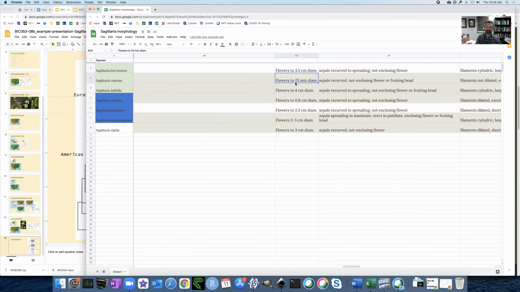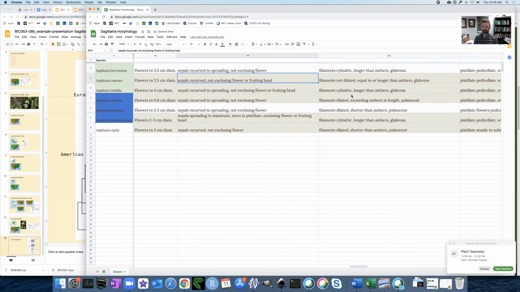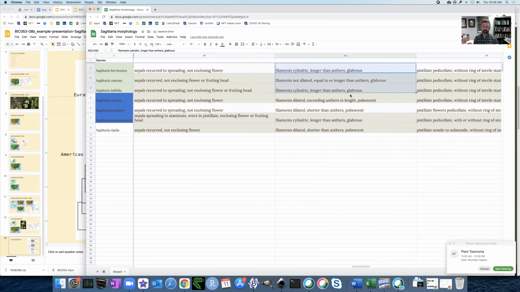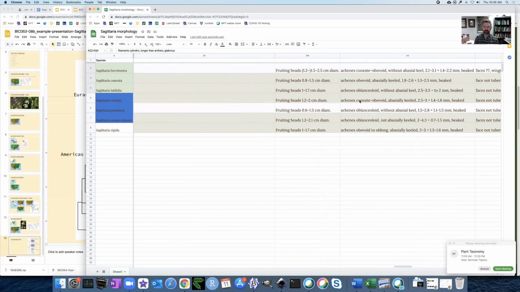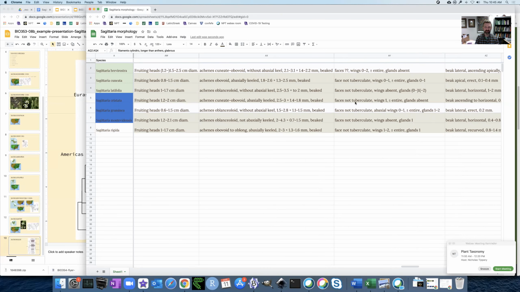This giant, oh, those are millimeters, never mind. Why do you got one in millimeters? I'm going to switch that. So it's 2.5 millimeters becomes centimeters. I mean, centimeters. Sepals recurved. Filaments dilated. Cylindric. Pistillate. Pedicellate. Not super helpful, my goodness.